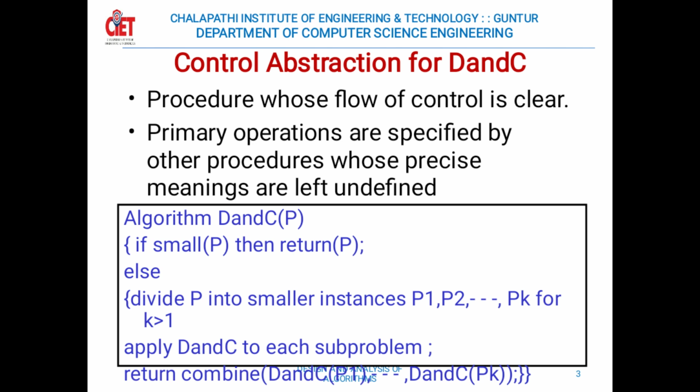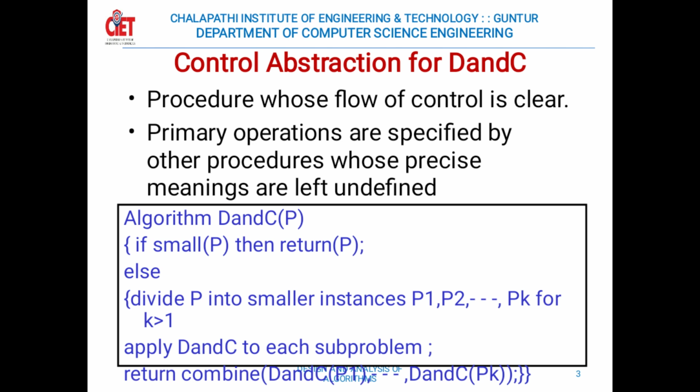Even though the problem P divides into subproblems P1, P2, P3 up to Pk, again we need to apply the divide and conquer strategy on each of them when they are complex, to make them simple to solve.